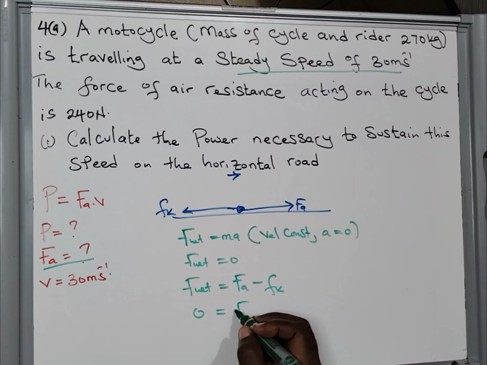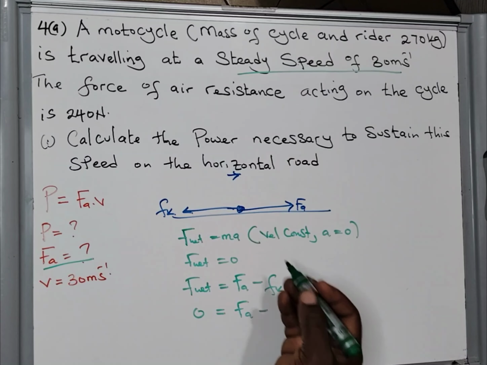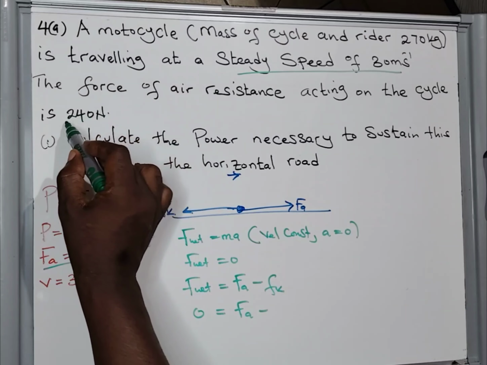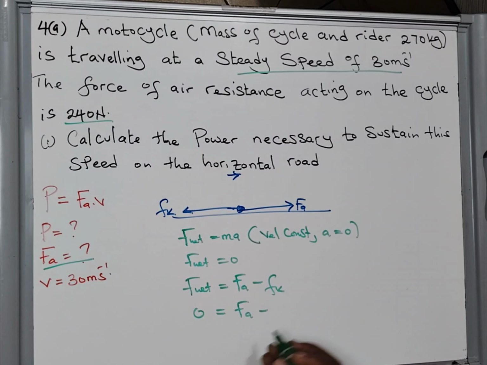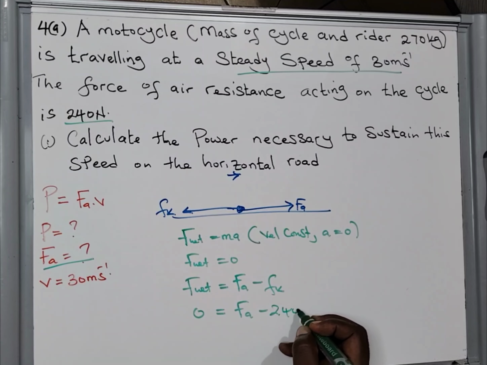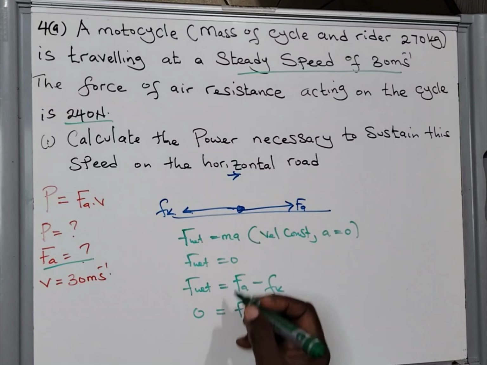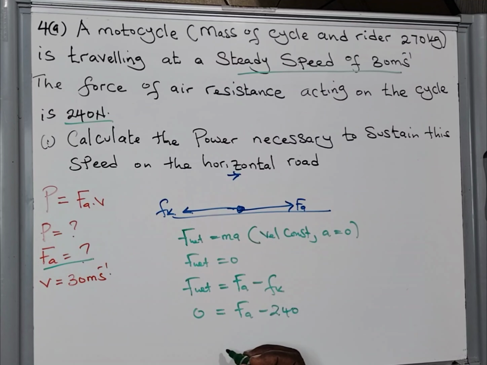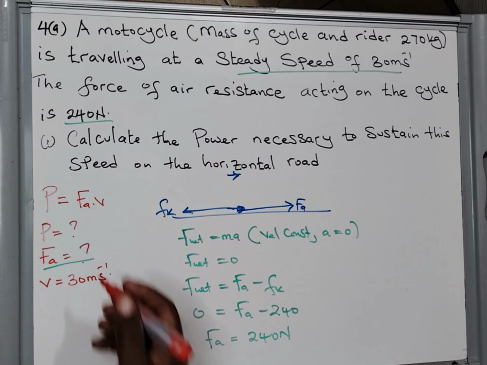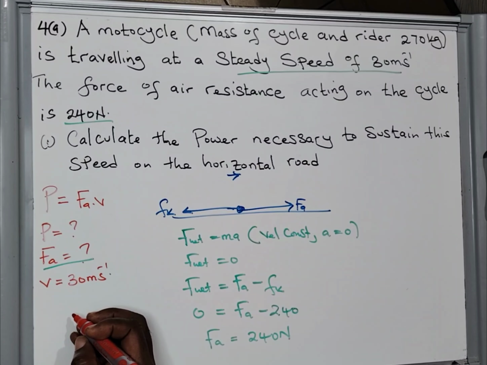Fa, it's what we don't know, but we know our resistive forces. They are here, 240. From here, what do we see? We are going to have Fa known, and it is 240 newtons. So if that is the case, then our deal is done. You go back to our equation.